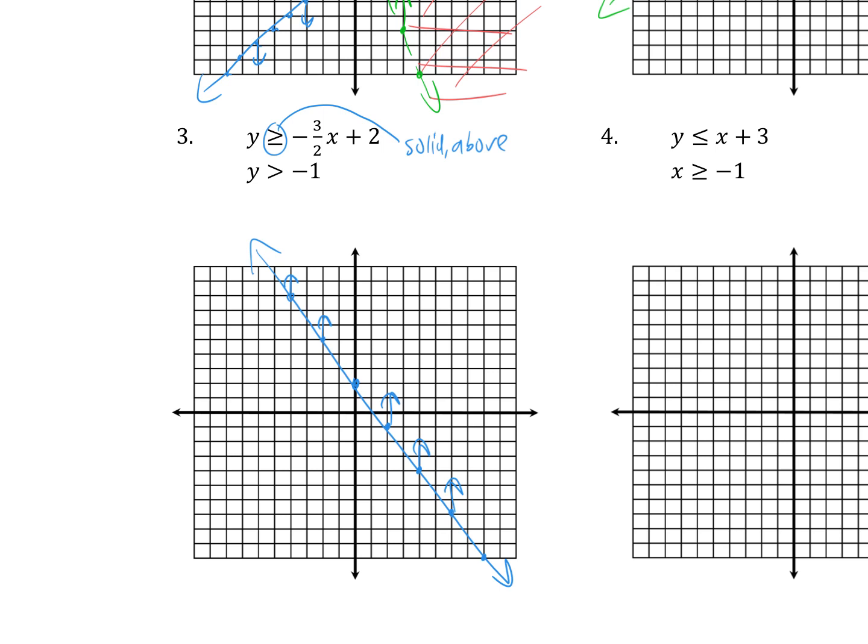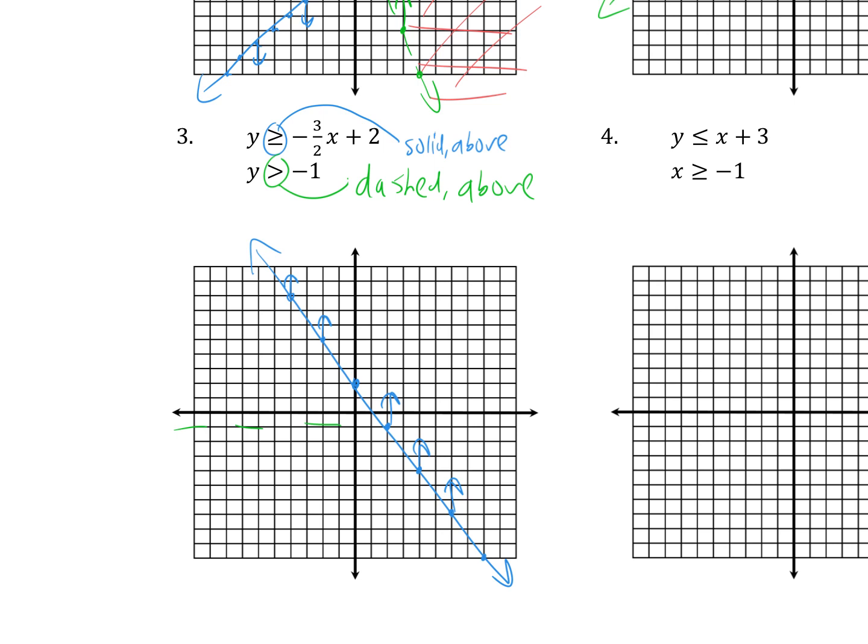All right, we have this one down here. It is dashed, it's not equal to, and it is above. So is y equals a horizontal or a vertical line? It's a horizontal line through -1. Oops, that's not going to work. So -1's like this, horizontal line. Oh sorry, it's a dashed line, got to fix that.